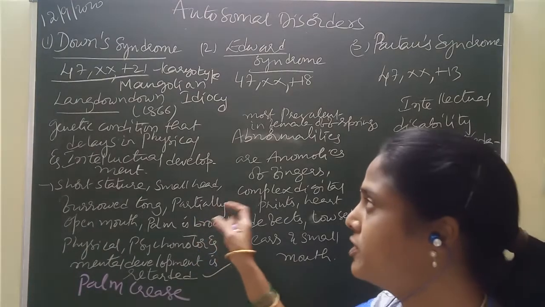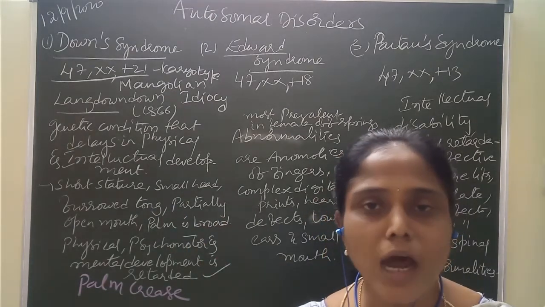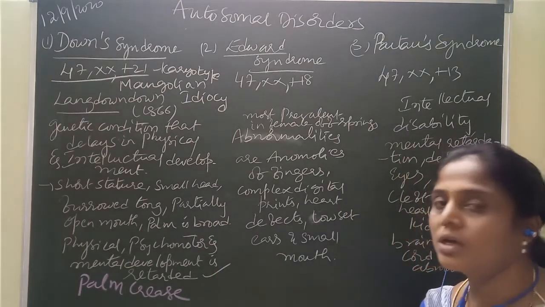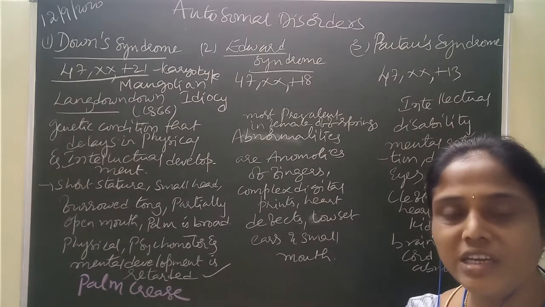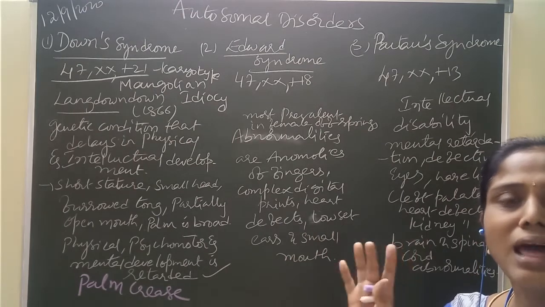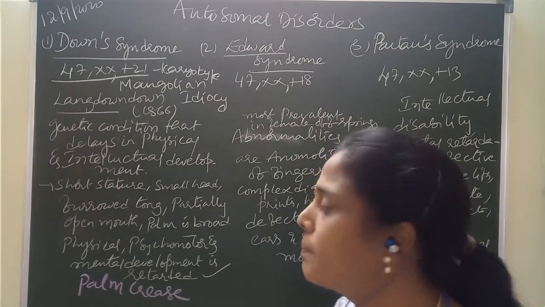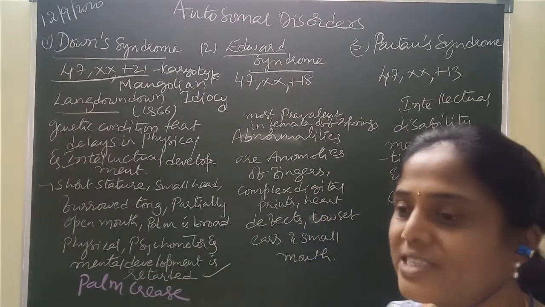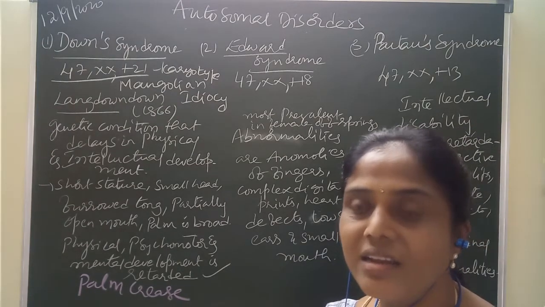The symptoms are short stature, small round head, furrowed tongue and partially open mouth, and a broad palm with a palm crease. Palm crease means only a single transverse line, the headline, is present and no other lines are present in the palm. Physical, psychomotor and mental development is completely retarded in them.